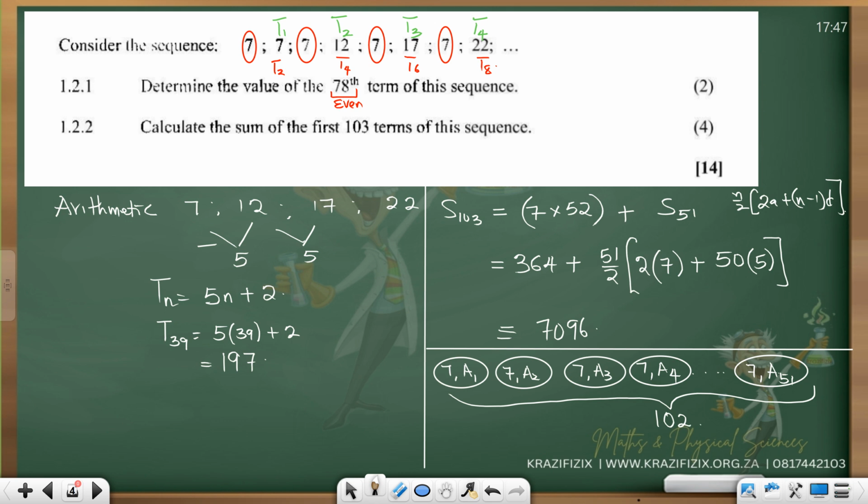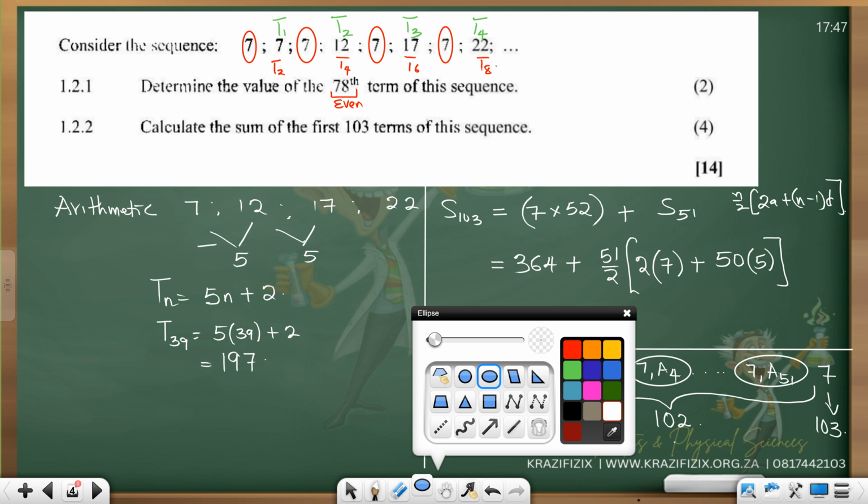Each pod has 2 numbers. Oh, yes, okay, 102. So what is the next number? 7. And A52. I don't need A52 because if this is 102, this becomes T103.